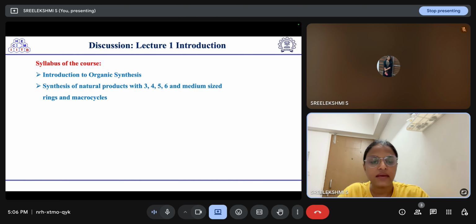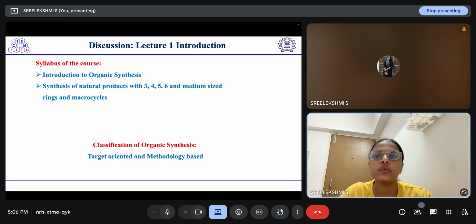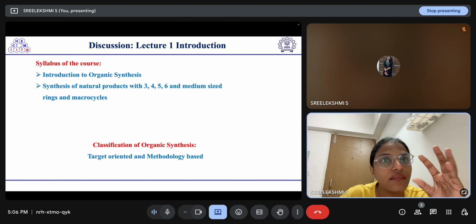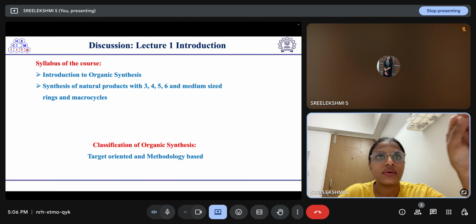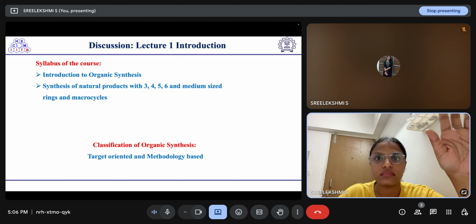As we have seen in the lecture, there are basically two types of organic synthesis: target oriented synthesis and methodology oriented synthesis. Target oriented means that, for any natural or non-natural product, we have a specific target molecule. We design a retrosynthetic strategy for synthesizing that target, and based on it we begin our forward synthesis.